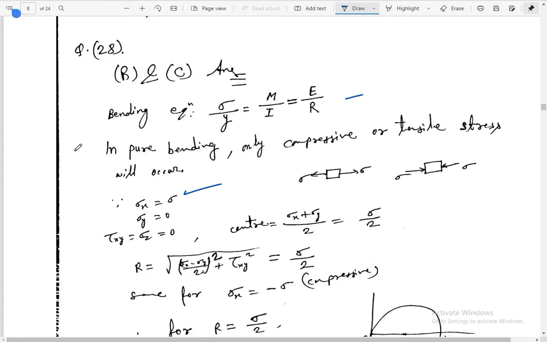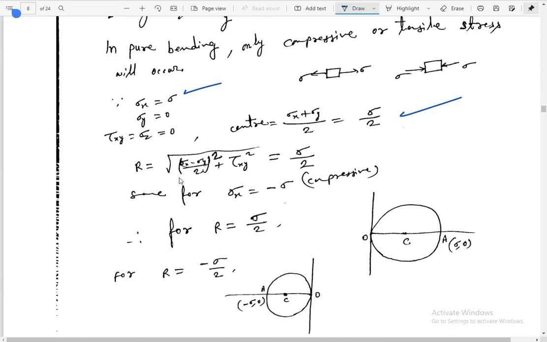The center we can find as sigma by 2. We have the formula R equal to the square root of ((sigma x minus sigma y) by 2) squared plus tau xy squared. When we apply sigma x equal to sigma in this, with sigma y and tau xy zero, finally we get R equal to sigma by 2. The same applies if we take sigma x equal to minus sigma.